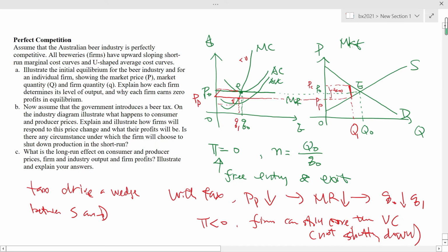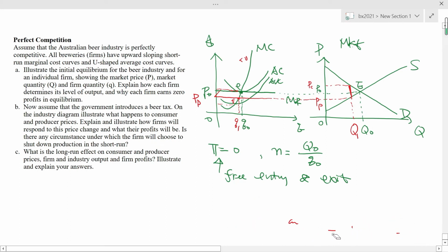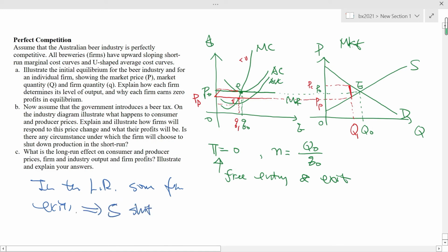Okay, so now in the long run, some firms exit because of negative profit. So this supply curve shifts left, in this direction.